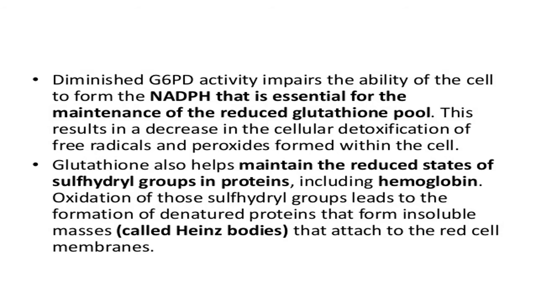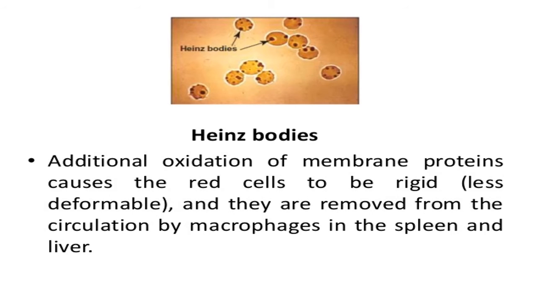Oxidation of those sulfhydryl groups leads to the formation of denatured protein that forms insoluble masses called Heinz bodies that attach to the red cell. These are Heinz bodies which you see in the slide. Additional oxidation of the membrane proteins causes red cells to be rigid, that is less deformable, and they are removed from the circulation by macrophages in the spleen and the liver.